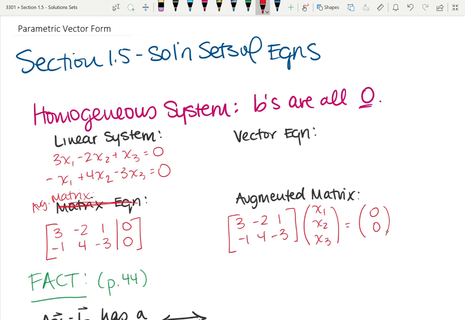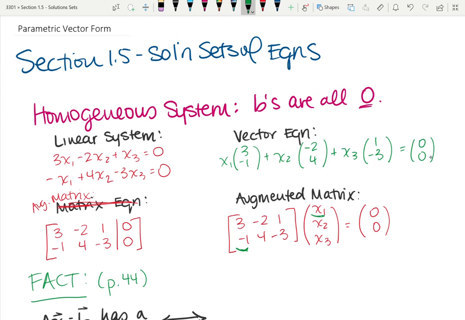And in a vector equation, remember, each column corresponds to one variable. So you would have x1 times 3, -1, plus x2 times the second column, -2, 4, plus x3 times the third column, 1, -3, is equal to 0, 0.